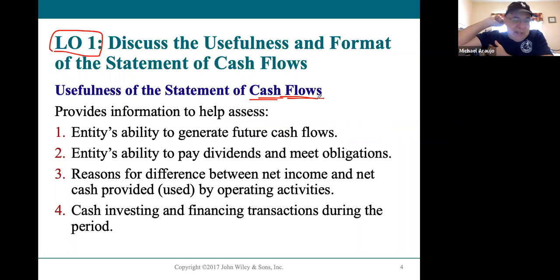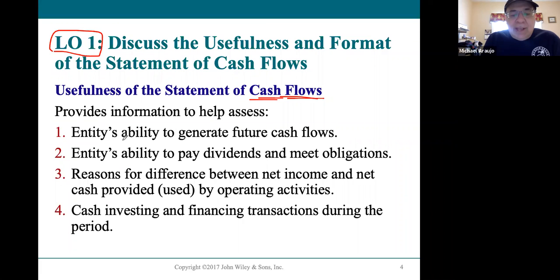Cash either comes in or cash flows out. Okay, so you're going to see how it's just like if you get paid, that's cash coming into you. And when you pay your bills, that's cash going out. So you could prepare a cash flow statement for yourself as well, but we're looking at it from a corporate perspective.